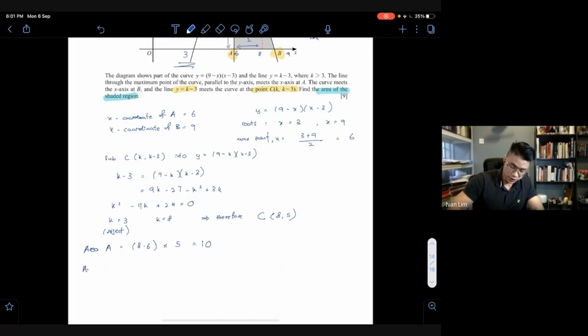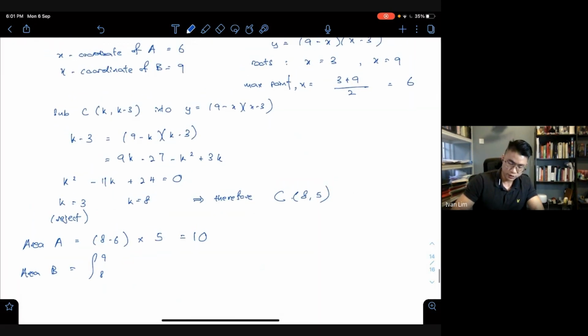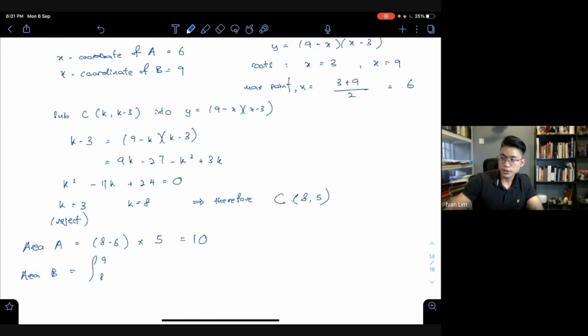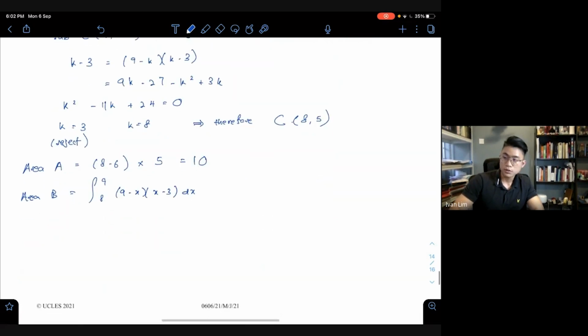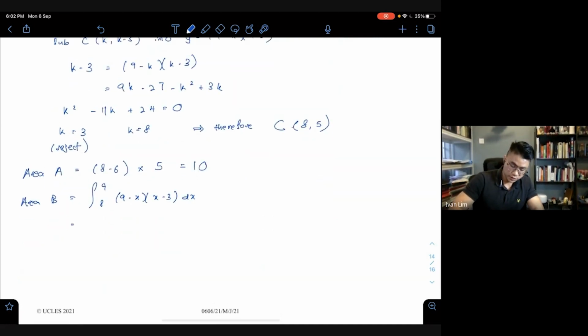So area B will be equal to the integral from 8 to 9 of 9 minus x, x minus 3 dx. Integrate this. Wait, let's open out the bracket first. 12x minus 27 minus x squared dx.